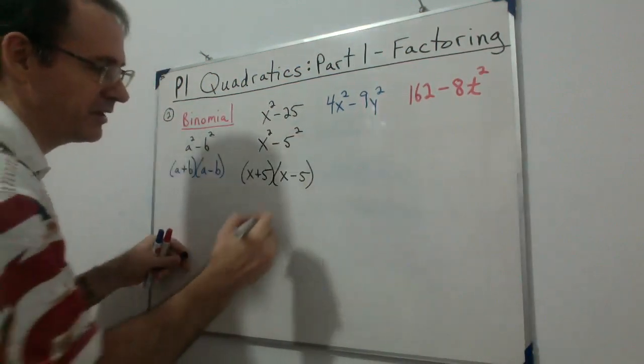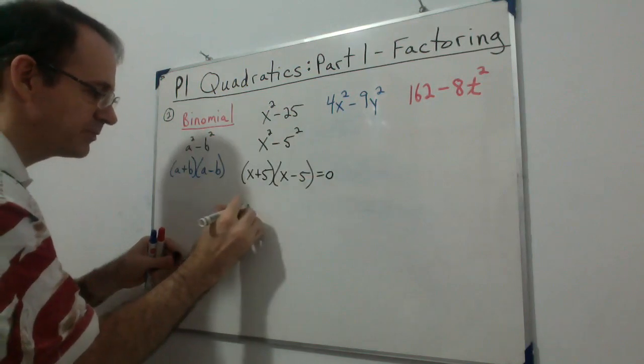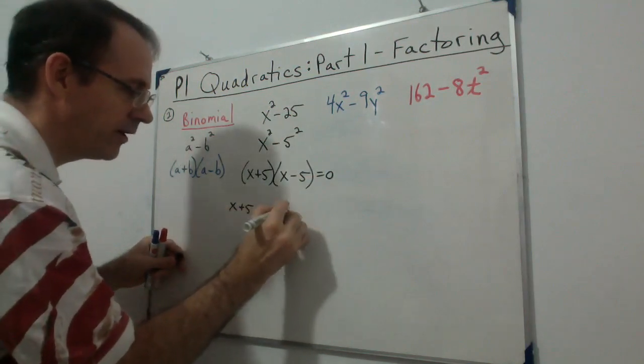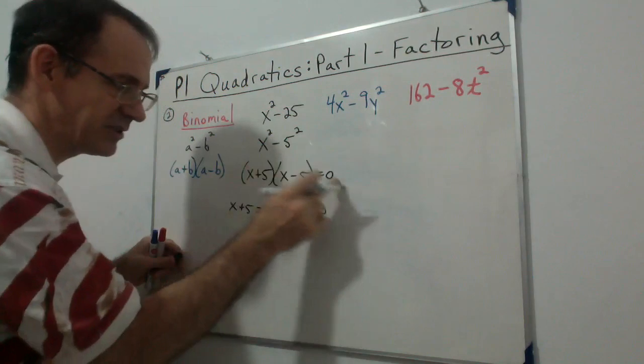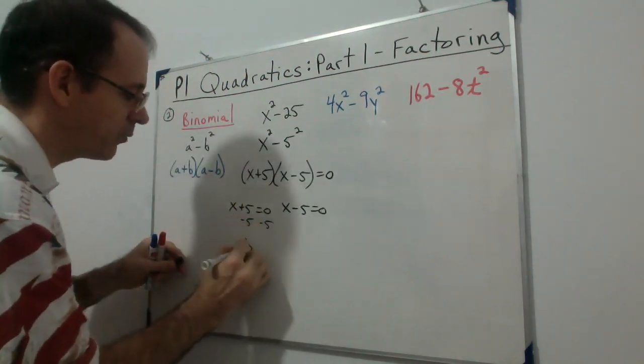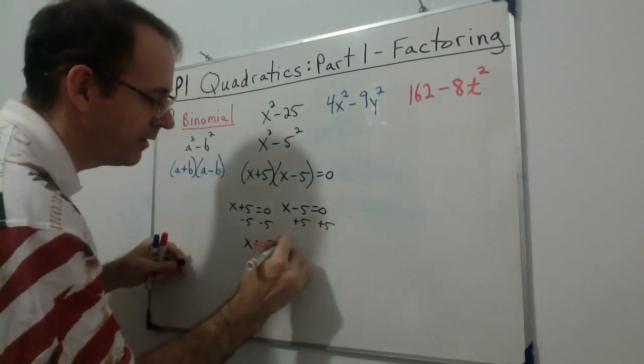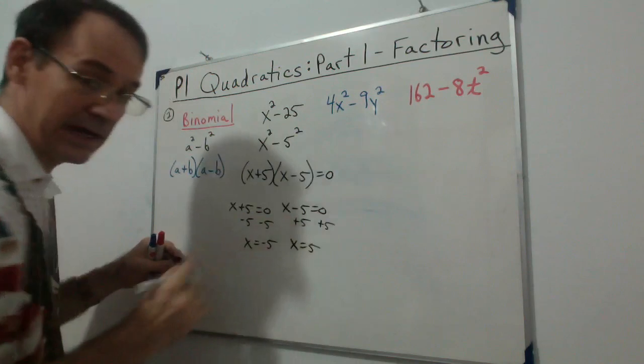And if you put this into a solving situation, then x plus 5 equals 0, or x minus 5 equals 0, because it's our zero product property. And so you either end up with a negative 5, or you end up with a positive 5.